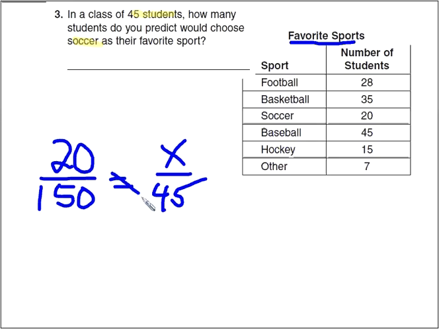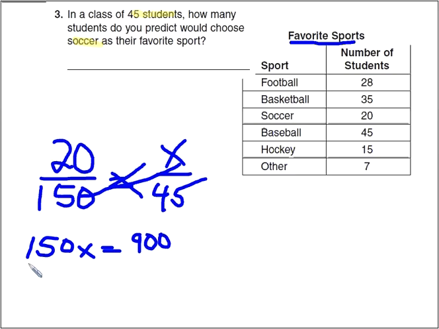And I could use cross products here. 150 times x is 150x, and that equals the same as 20 times 45. 2 times 45 is 90, so 20 times 45 is 900.